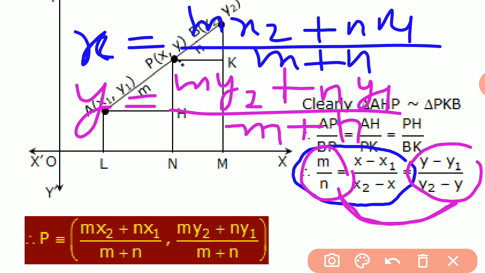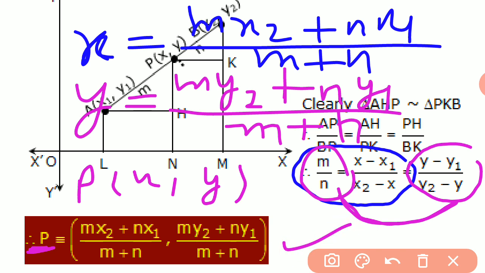The coordinate of P is x and y, so we can write the coordinate of P is (mx2 plus nx1) upon (m plus n) and (my2 plus ny1) upon (m plus n). This is the section formula.